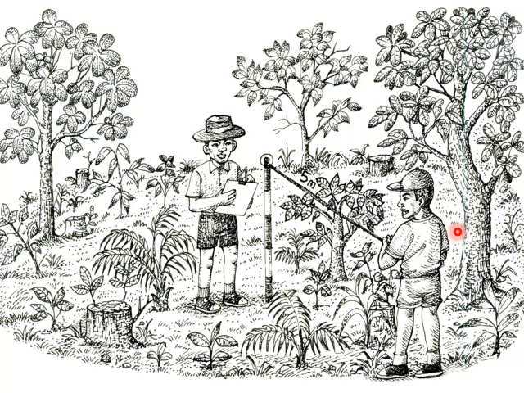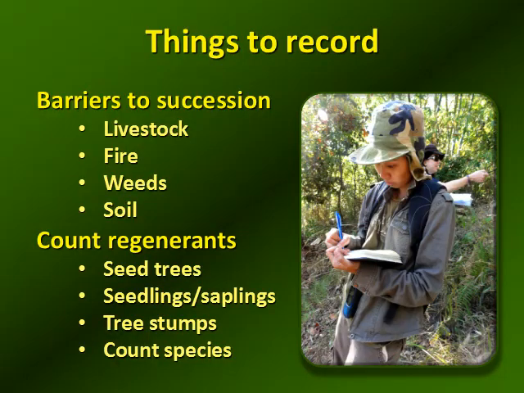So you make a piece of string 5 meters long and you put in a pole and you walk round in a circle, and then you've got a circle of 10 meters diameter, and within that circle you record the sources of natural regeneration and you count them, and if possible you get the local people to give them some names, or you take a botanist along and get some proper scientific names.